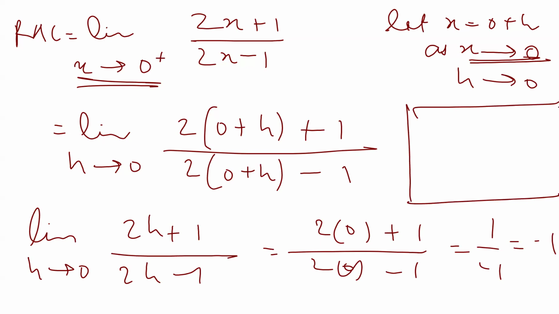Now see, LHL we got as k, RHL is minus 1. The value of k is minus 1. LHL equal to RHL, that was the condition given, right? Oh sorry, this is x minus 1.